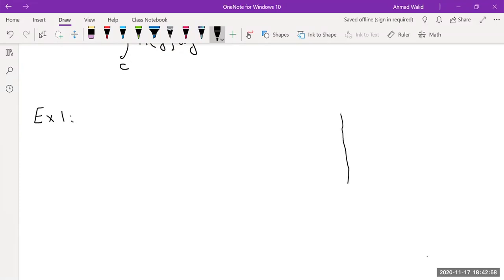I'm trying again to draw. In this example, I give you a graph or a shape. Here, let's put 1, here -1. Trying to draw here a cylinder for you. Like this.